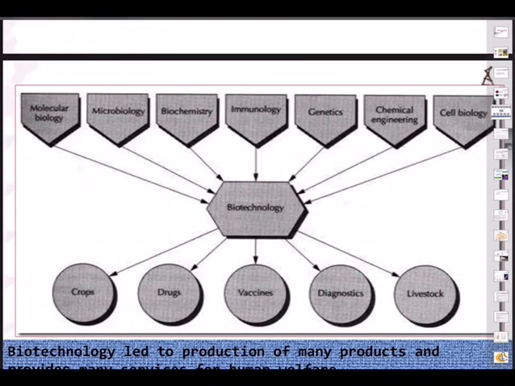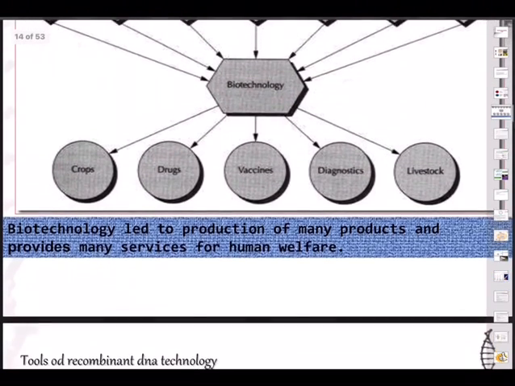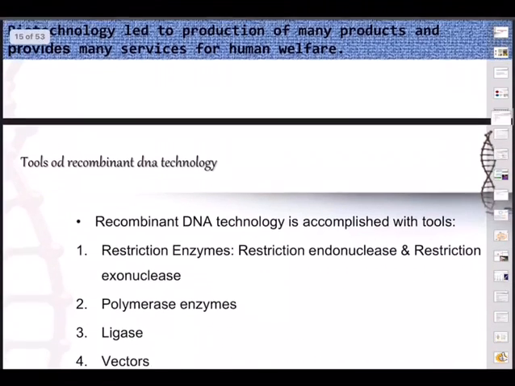We are able to control pests, and that too without using any chemicals. And then drugs: many medicines have been discovered through biotechnology. And vaccines, of course, we are even trying for COVID-19. So many vaccines have been discovered through biotechnology. Diagnostic features have been developed from biotechnology. And livestock production through biotechnology, thanks to biotechnology.